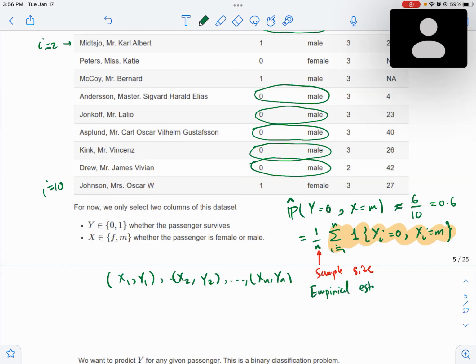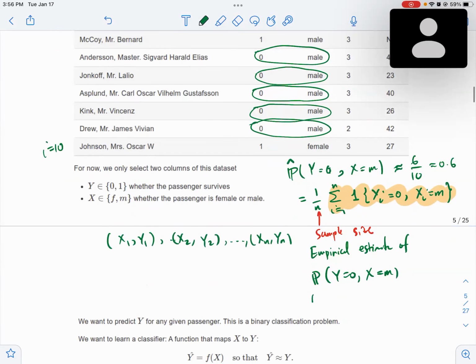Empirical estimate of the population probability y equals 0, x is equal to m, based on a training data of size n, sample size.